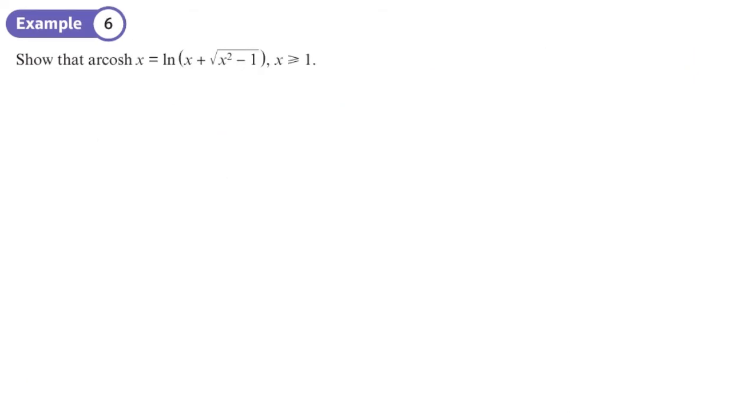Okay, show that arc cosh x equals the log of that. So this is going to be very similar to the last one that we did. So first of all, let's write down our definition for cosh x, which is e to the x plus e to the minus x over 2.